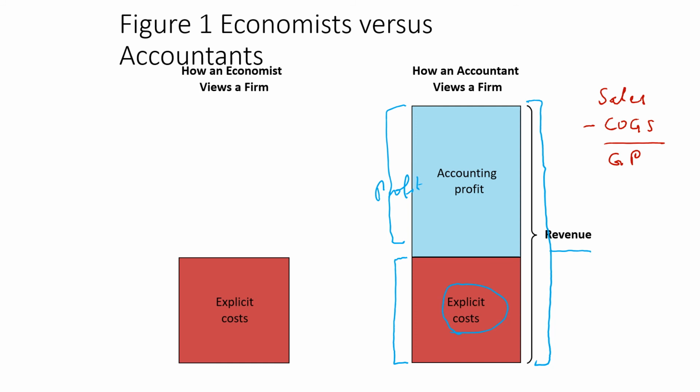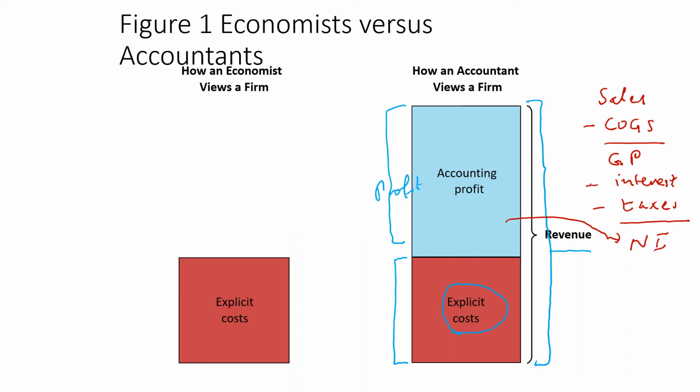And what you do then is remove the other types of cost from it, that is the interest payments and all identical payments such as taxes. And when you subtract all of them, what you are left with in the end is the net income. And basically this is the accounting profit. The net income is the accounting profit.